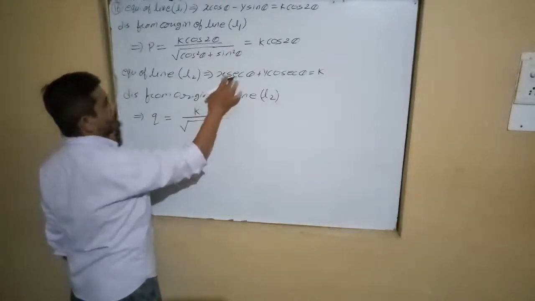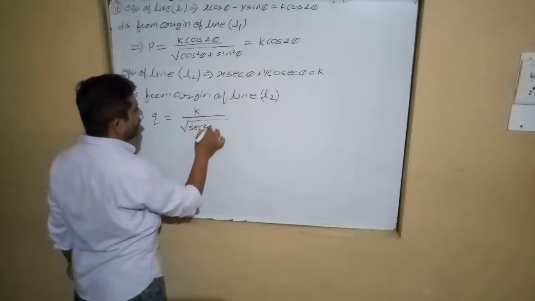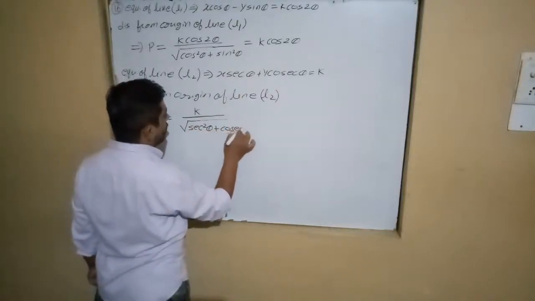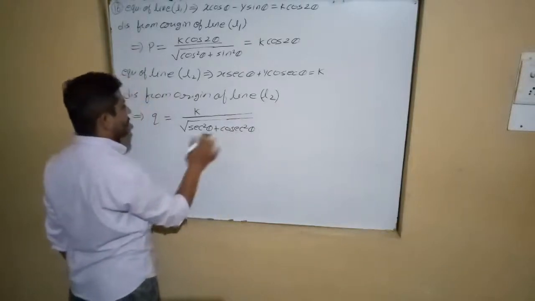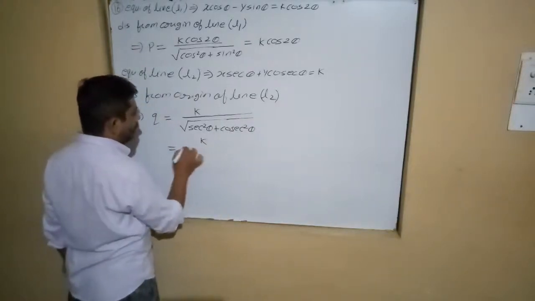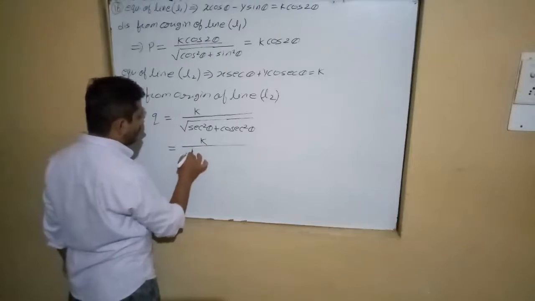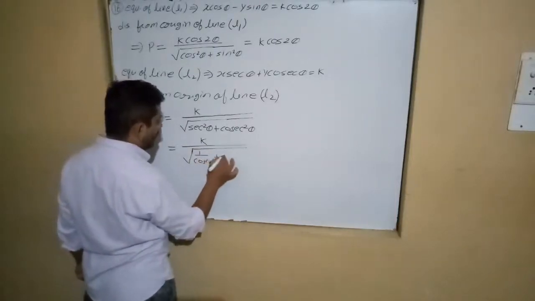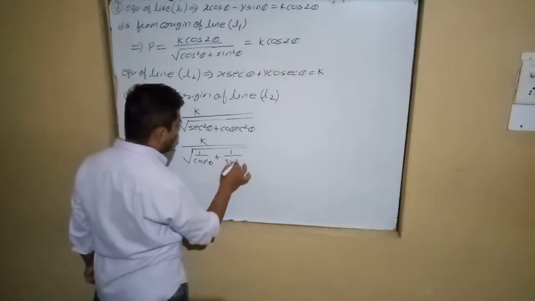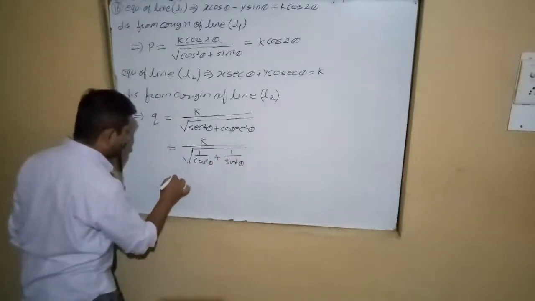What is the value of a square plus b square? Sec square theta plus cosec square theta. Now we convert sec and cosec into the form of cos and sin. So we will get 1 upon cos square theta plus 1 upon sin square theta.